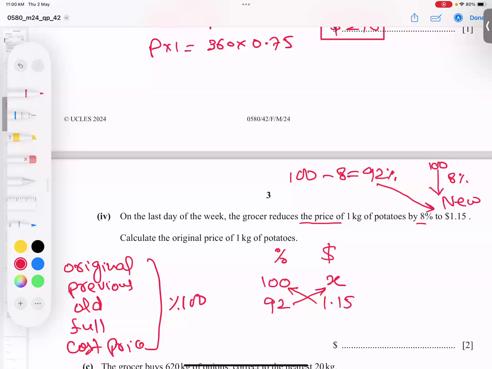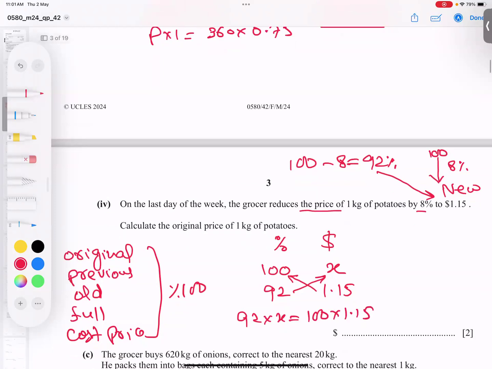And now, students, I'm just going to solve it. So 92 times x and 100 times 1.15, and this number will be divided. Into 100, what will happen, students? Two decimals will jump.